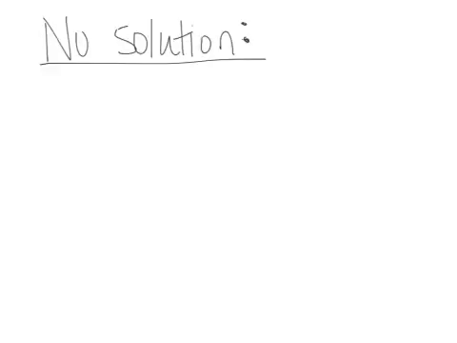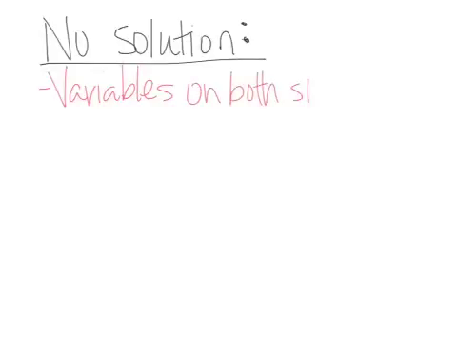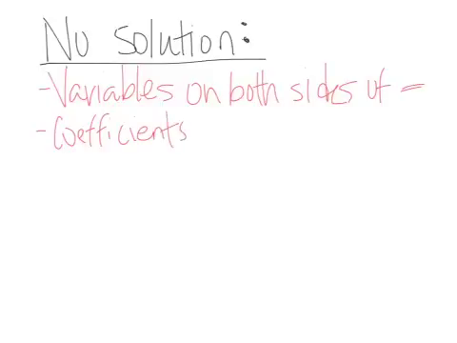So to summarize, when you would get no solution for your answer, there has to be variables on both sides, which is the same as the other one. The next one is that the coefficients, which again are the numbers next to the variable, have to be the same.